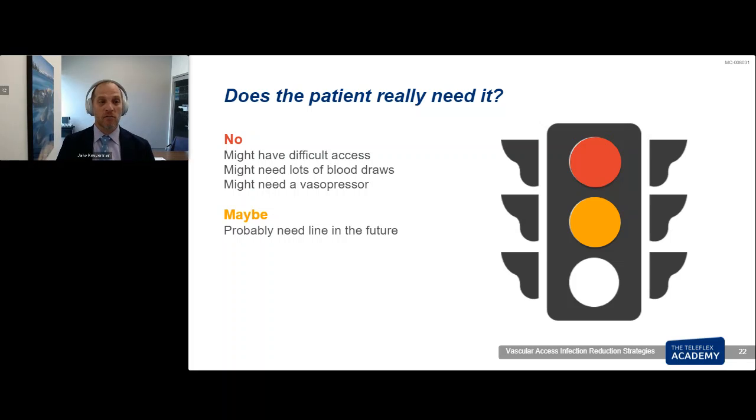Sometimes to consider it, well, they probably need a line in the future. They're in the ICU. Right now, they are not on anything that they need it for, but they're going to the OR in a bit for an open heart surgery. Well, in the OR, yeah, they're going to need a central line, and most likely afterwards they are. So that would be a reasonable time to consider placing a central line.